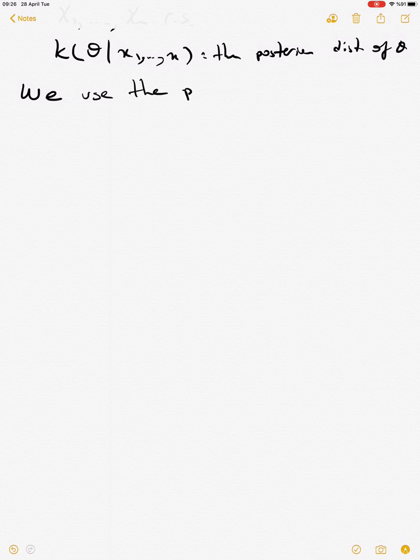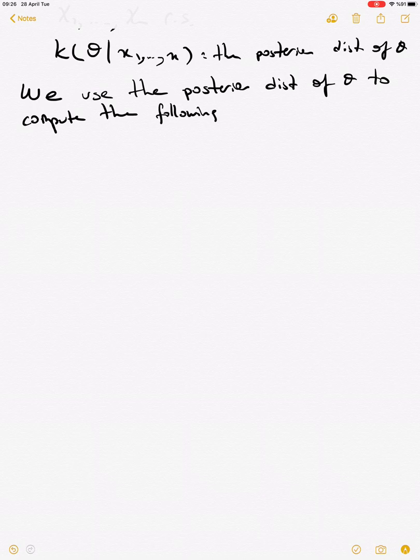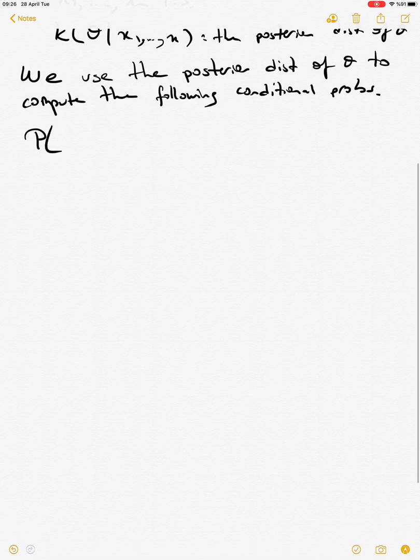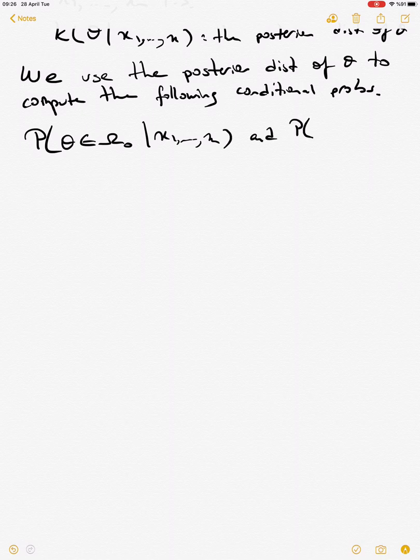So we are using the posterior distribution for the parameter theta to compute the following conditional probabilities. Okay, so the probability that theta is in the null space given the sample information, and we are finding the probability that theta is in the alternative space.